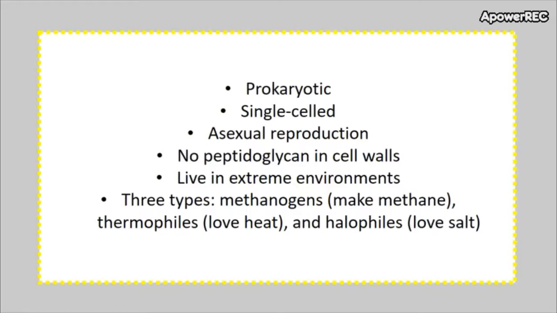They do asexual reproduction. They have no peptidoglycan in their cell walls. They can live in extreme environments. There are three types: the methanogens, which generate methane; thermophiles, which love warm conditions; and halophiles, which are microbes that can live in very salty environments.